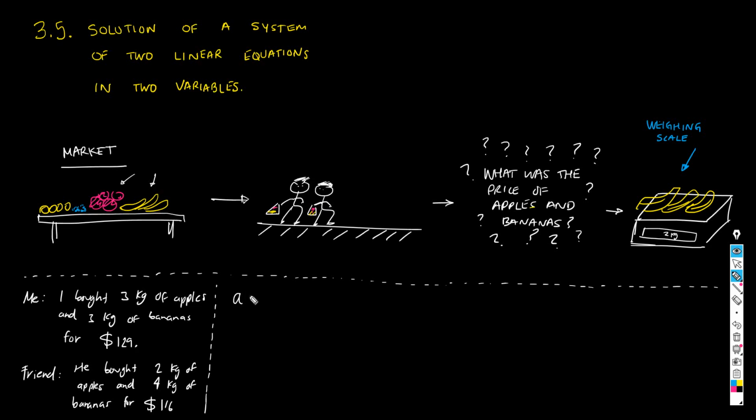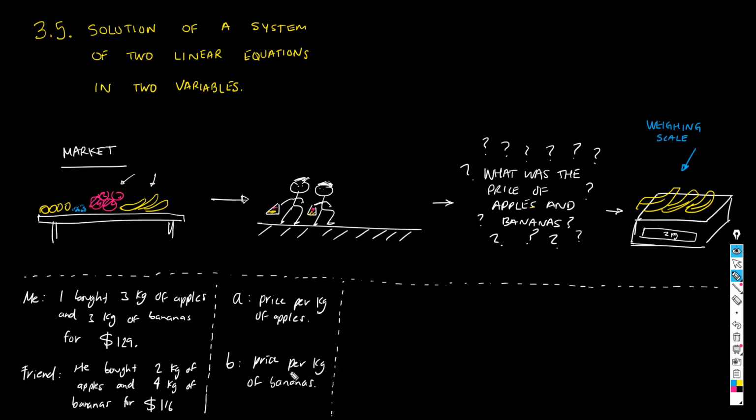I'm going to declare A to be the price per kilogram of apples, and B the same but for bananas, the price per kilogram. B will represent the price per kilogram of bananas. So basically my goal in this problem is finding A and finding B. These are the two variables I want to find. Perfect.